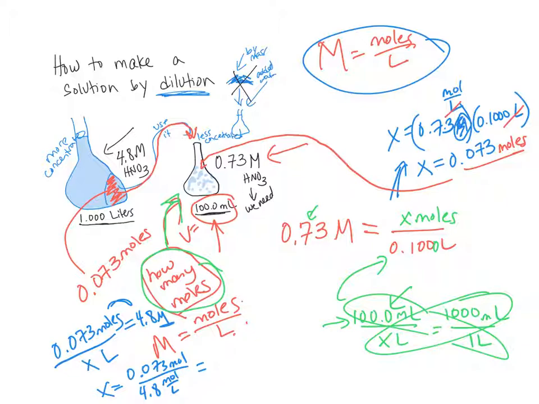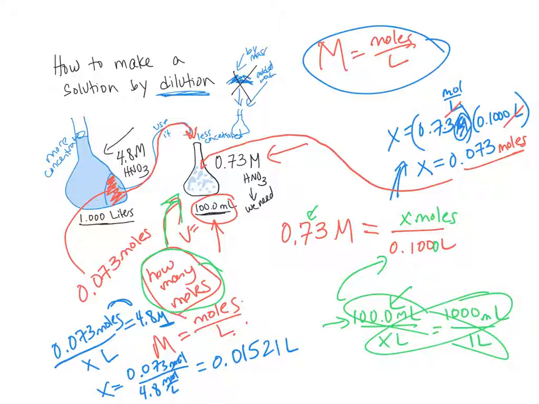My moles cancel here, and I have a liter in the denominator of the denominator, which is the same as having it in the numerator. So now x is equal to, I just did this on the calculator, 0.015. I'm just going to write down a couple more significant figures: 2, 1. So I have extra significant figures right now, and these are liters.